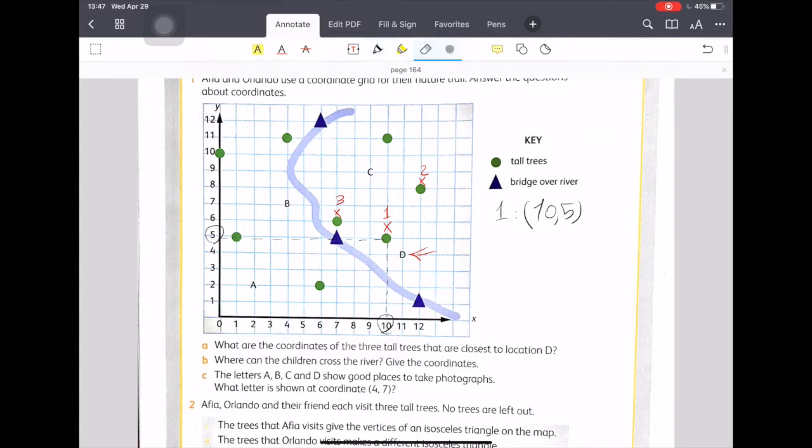For tree 2, we will have x 12 and y 8. For tree 3, you tell me the coordinates please.